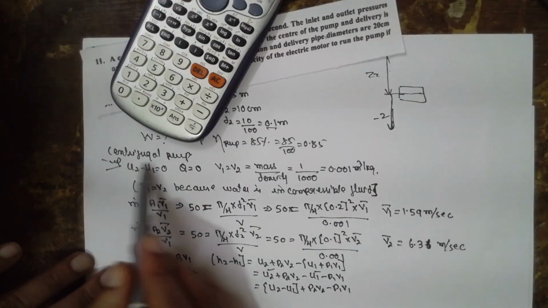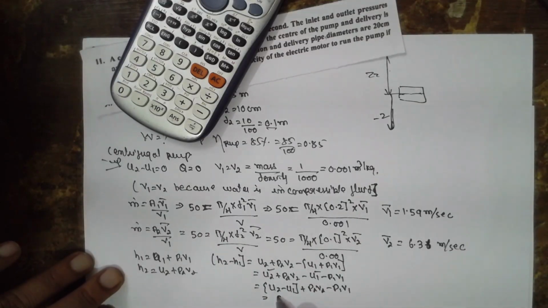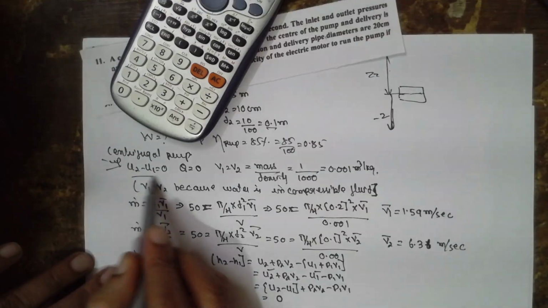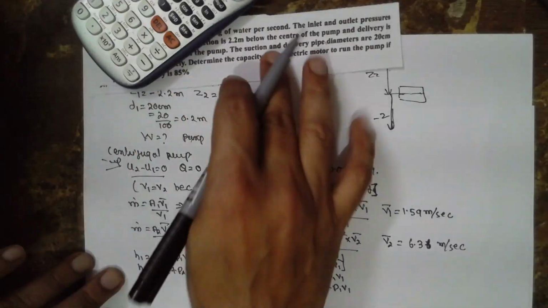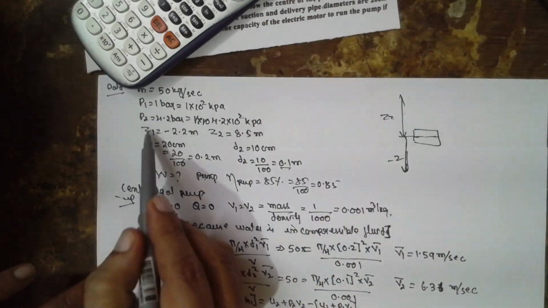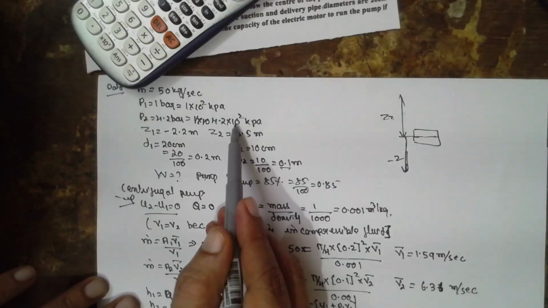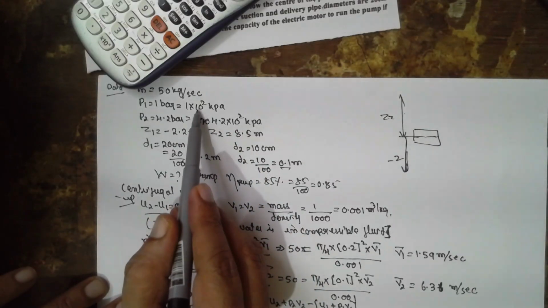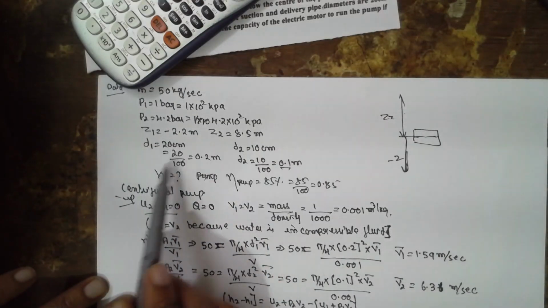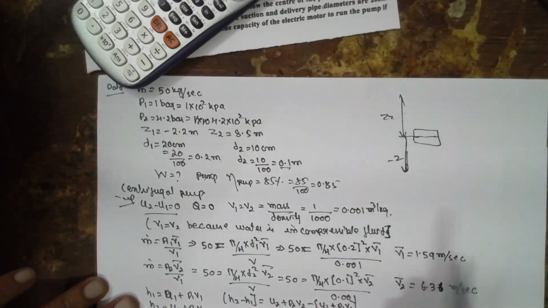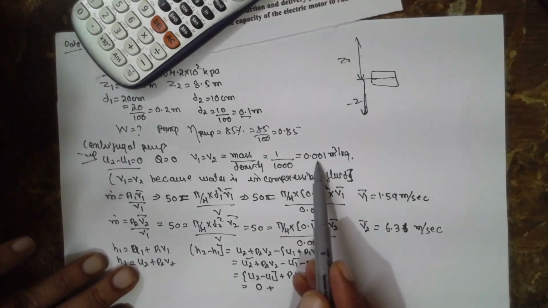As it is a centrifugal pump, we have to consider U2 minus U1 as 0. The P2 value is 4.2 into 10 raised to square, and P1 is 1 into 10 raised to square. And what is the v value? The v value is 0.001.